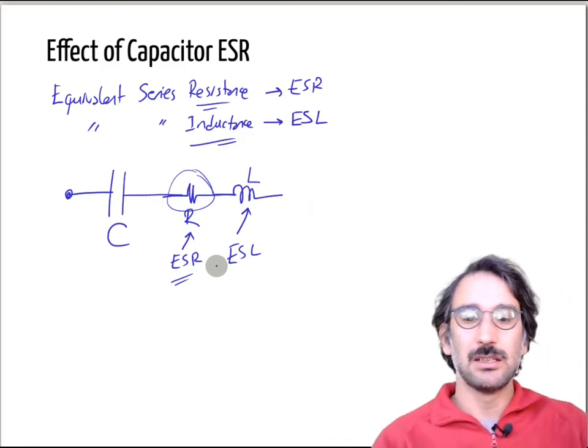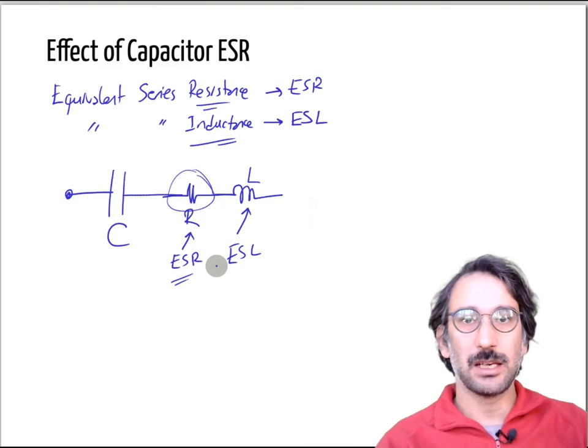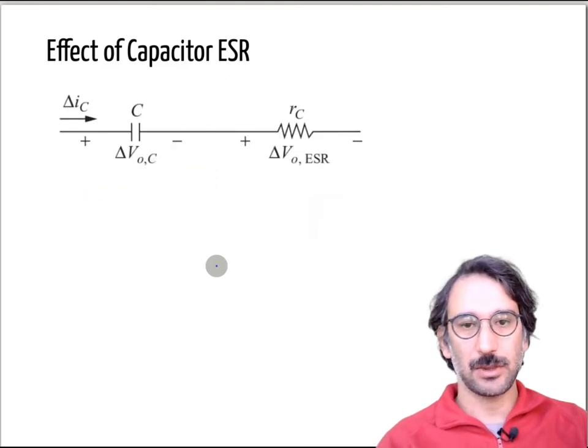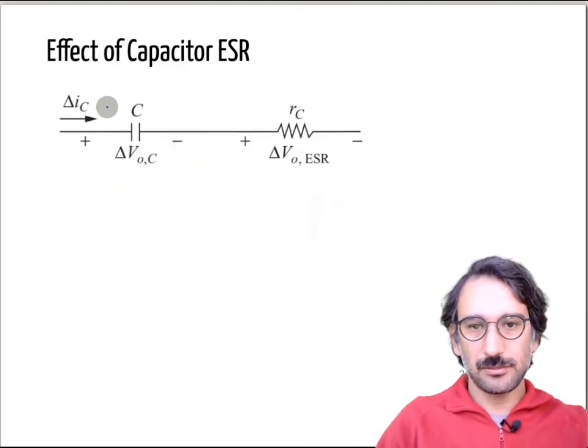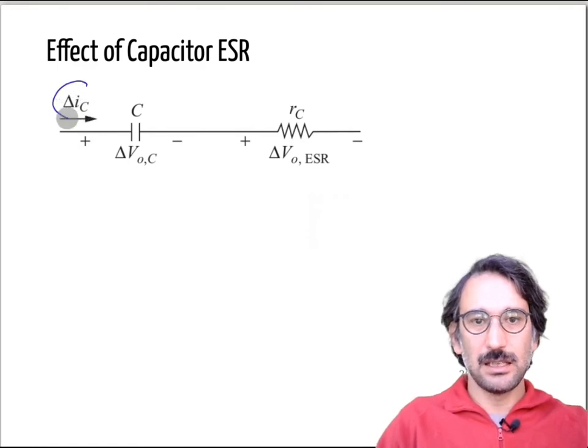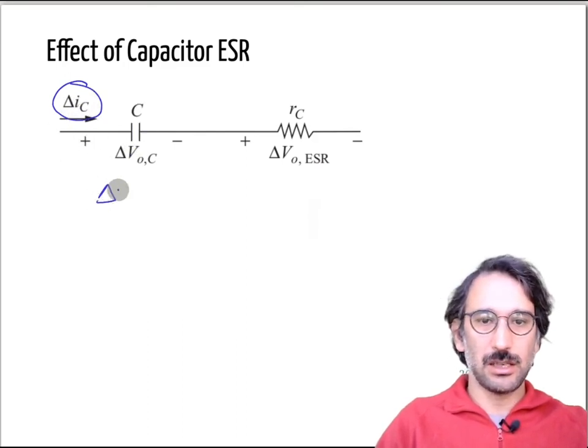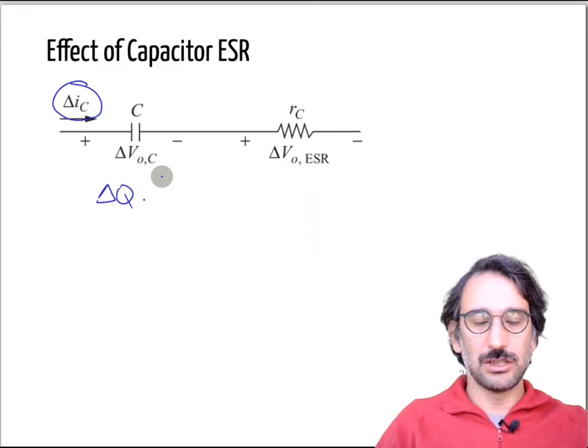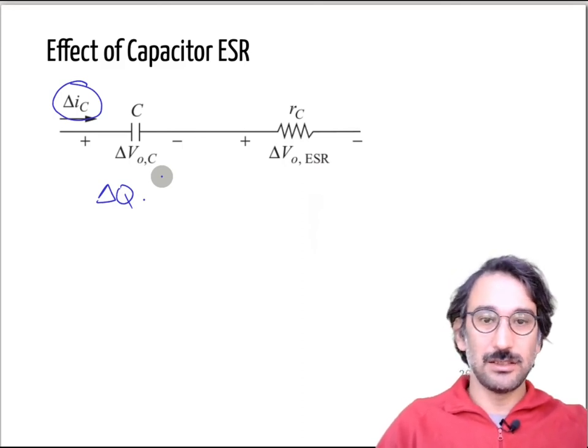Again, we did the previous calculations assuming an ideal capacitor. So here we calculated the ripple voltage from delta IC, and you can calculate the charge, which is related to your voltage and capacitance values.